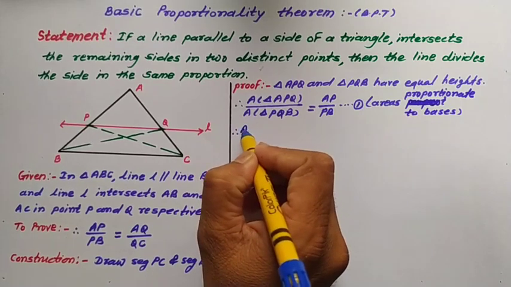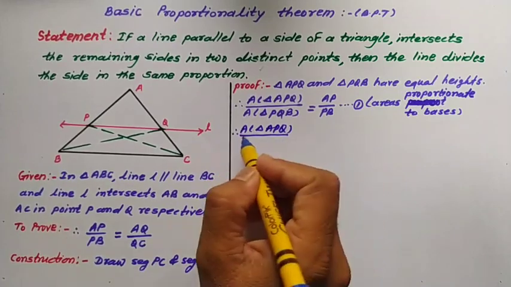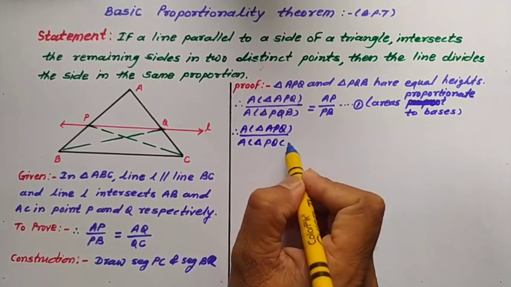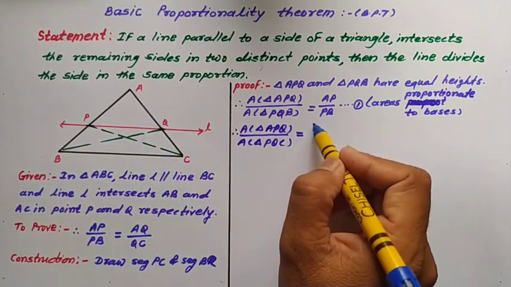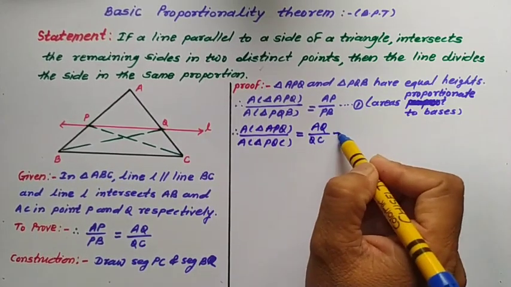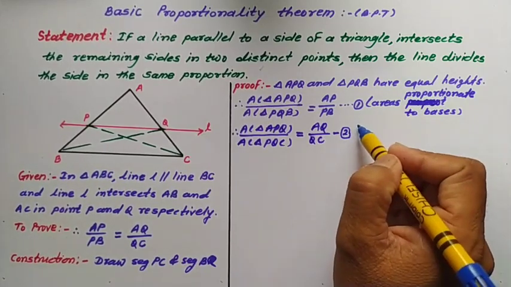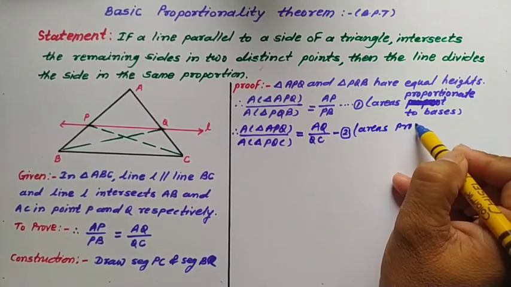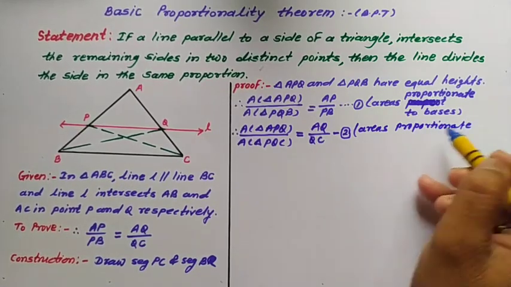Therefore area of triangle APQ upon area of triangle PQC is equal to the bases, first triangle base AP and second triangle base PC. This is the second statement. Write down the reason: areas are proportional to bases.